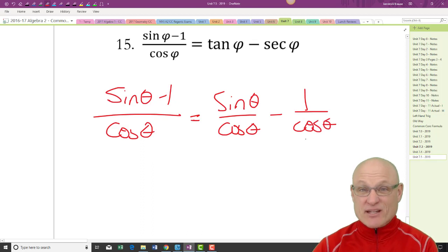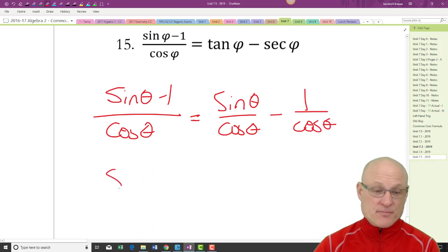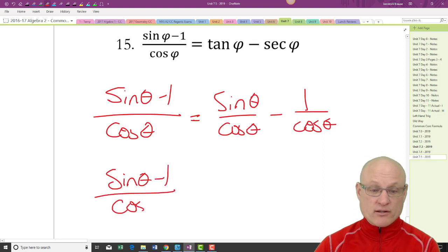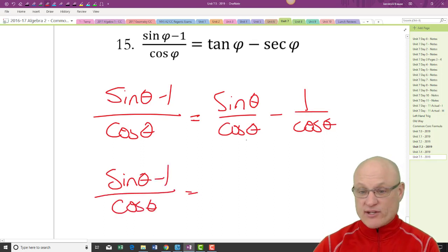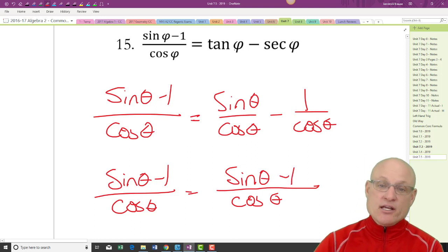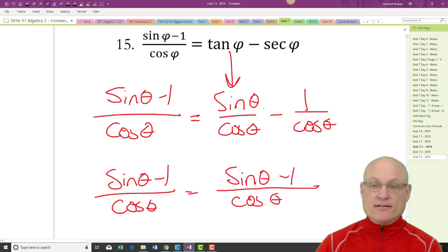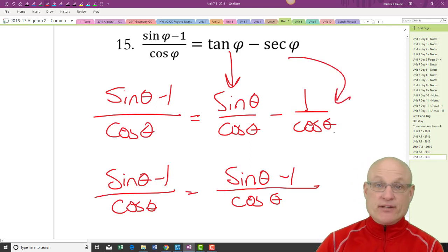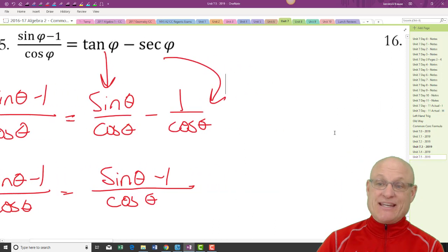Don't they have the same denominator, so can't I combine them? Since these have the same denominator, I can put them together over cosine theta, and the numerator is sine theta minus 1. Again, if you don't know that's equal to that, you're not going to be able to do these. If you've memorized it, it'll be very, very easy for you.